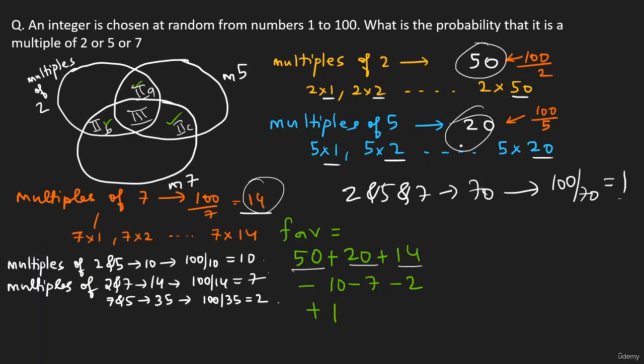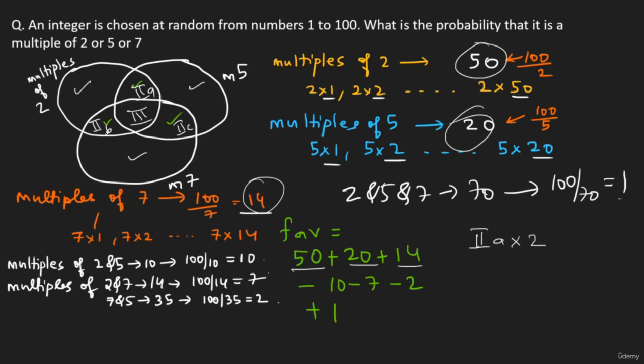Alright, now when we add 50 plus 20 plus 14, this area and this area gets added only one time, right? But 2A will get added when you add 50 and when you add 20 for multiples of 5, right? Therefore 2A is added 2 times.